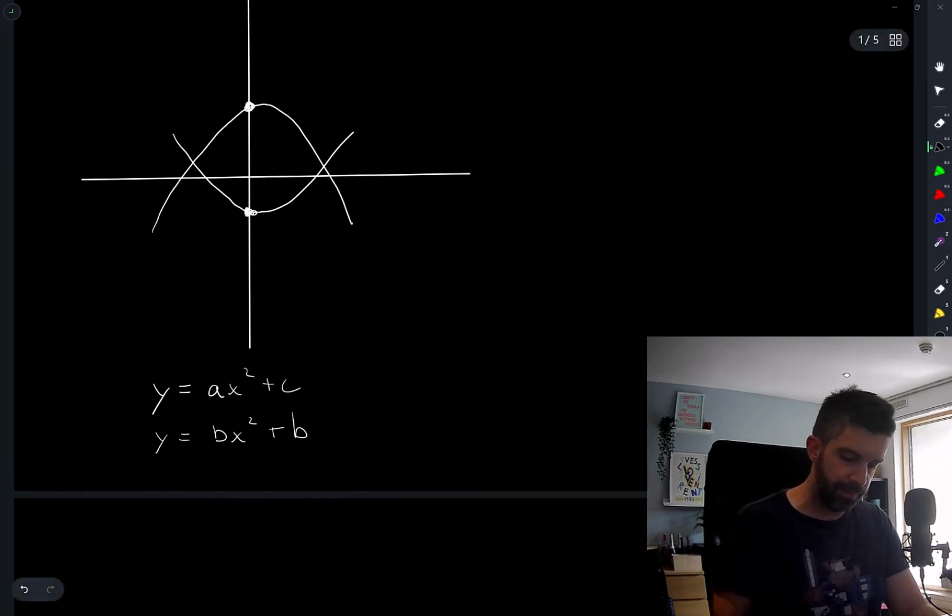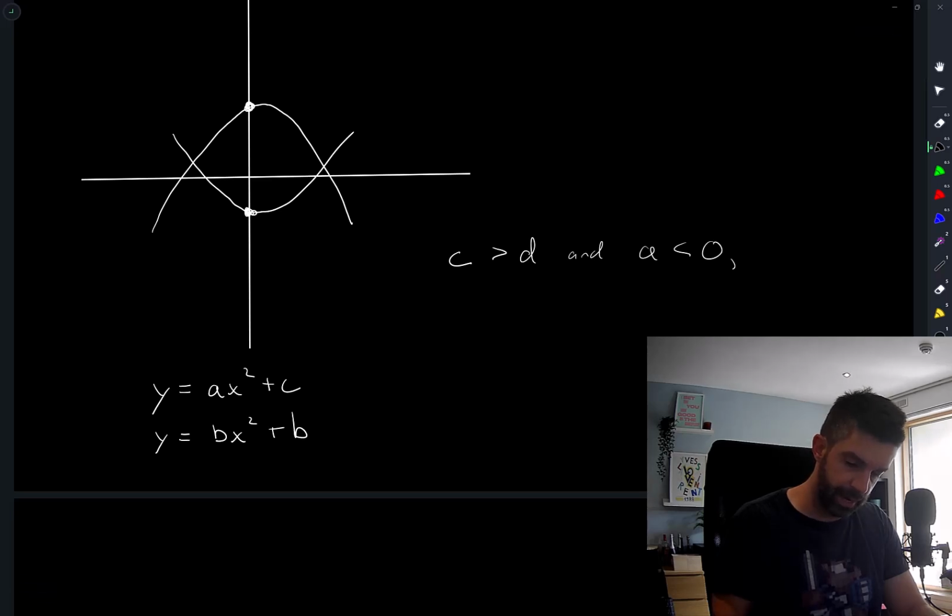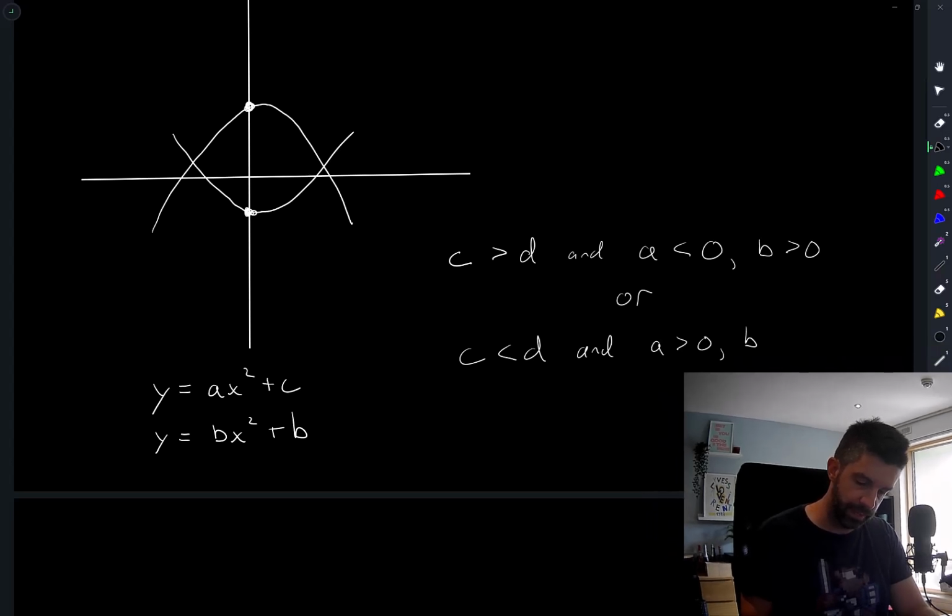Okay, so this case happens when c is greater than d and a is less than 0 and b greater than 0, or c is less than d and a greater than 0, b less than 0.